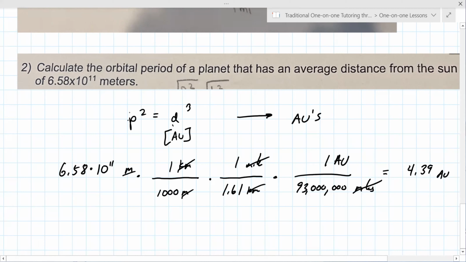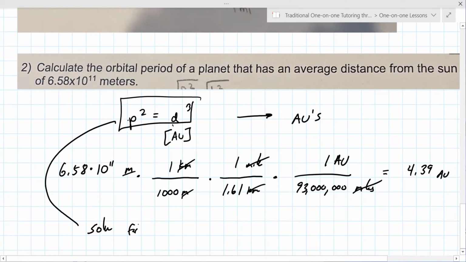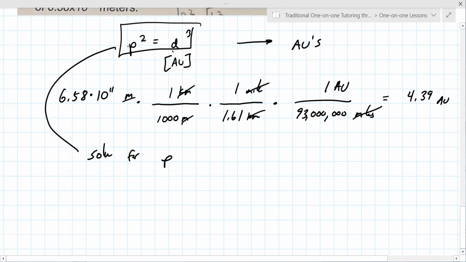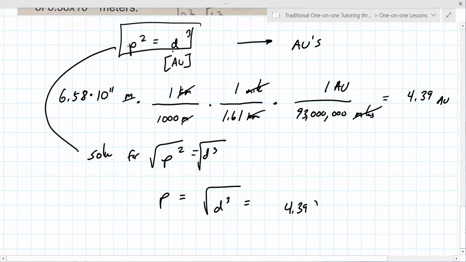The period squared equals D cubed. This is the equation we want to solve. We want to solve for P. So you have to undo the square with the square root. You take the square root of both sides. So P is equal to the square root of D cubed. You now have your D value, which is 4.39.